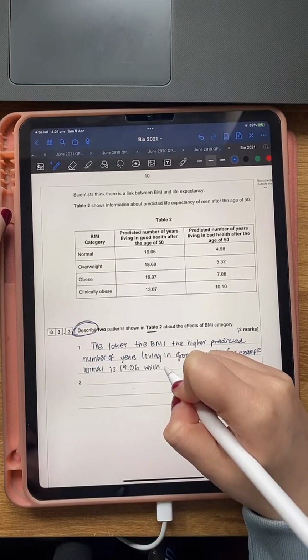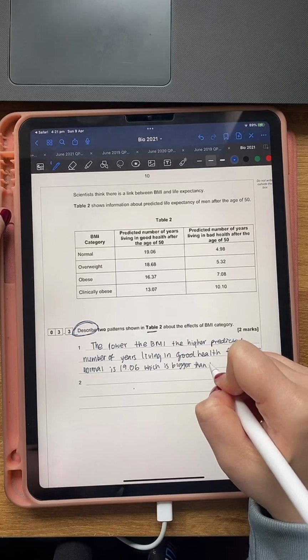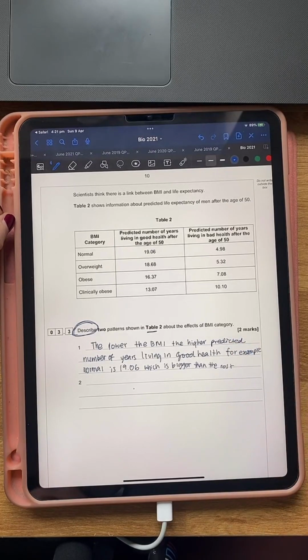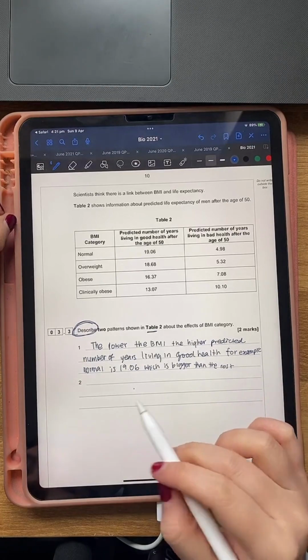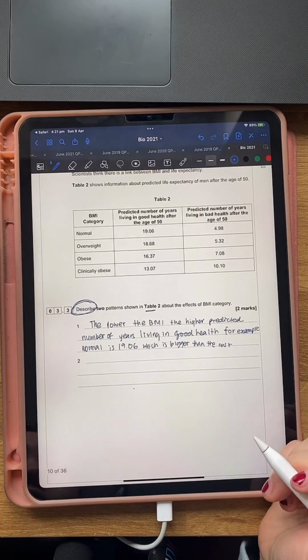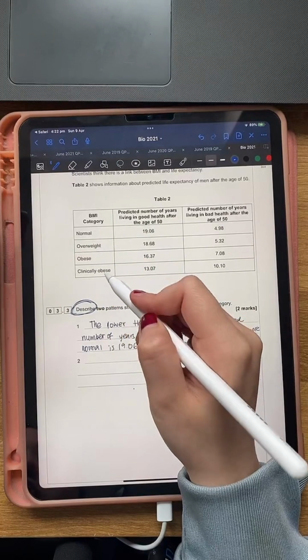Part 2. Another pattern that we can see is that if you go from normal to clinically obese in the living in bad health, there will be more of them at the higher BMI.